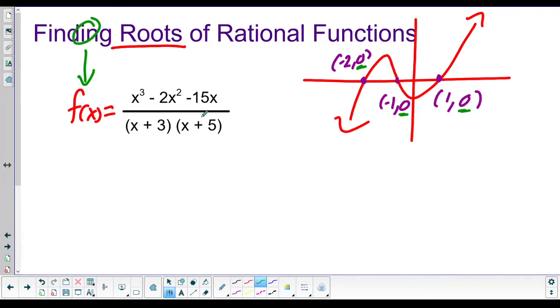And the way we're going to do that is we want the top to be 0. So 0 divided by anything, right? 0 divided by 12. Well, if you take 0 things and put it in 12 groups, every group has 0 things in it, so it's still 0. So the trick here is set the top equal to 0.